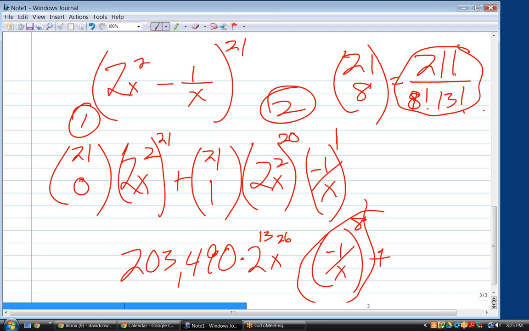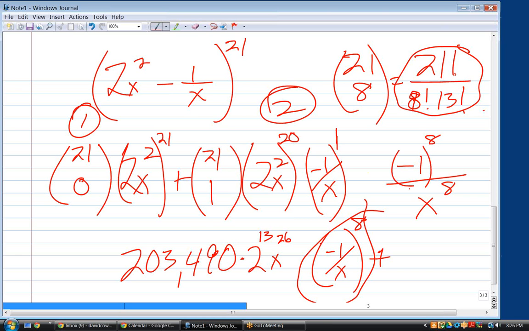What's negative 1 to the 8th? In other words, that's the same thing as negative 1 to the 8th over x to the 8th. But what's negative 1 to the 8th? Negative 1? No. When you take a negative number to an even exponent, it always turns positive.